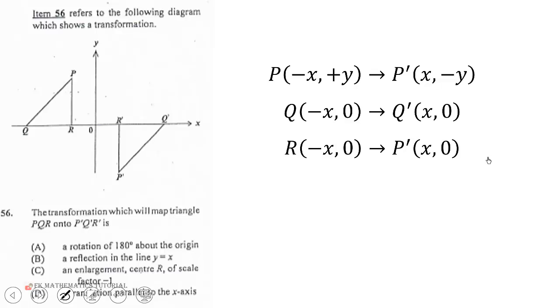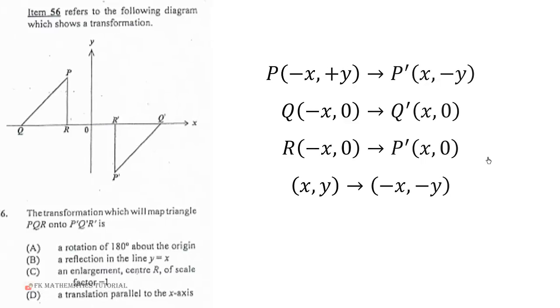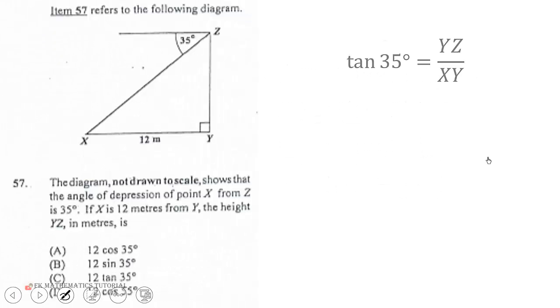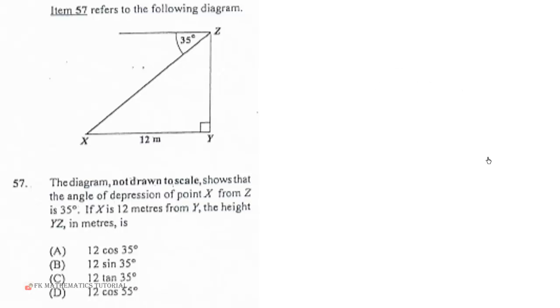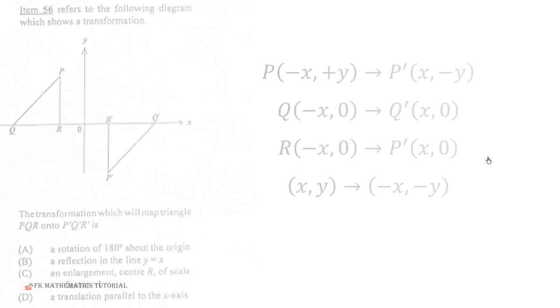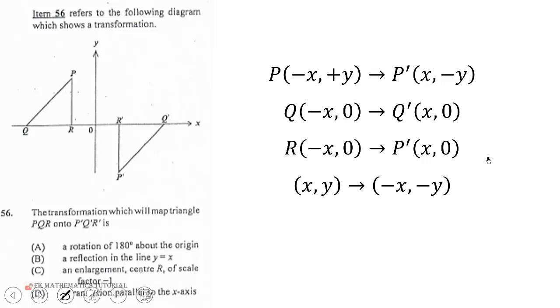So we can see that in general (x, y) maps onto (negative x, negative y). So that is a rotation of 180 degrees about the origin.